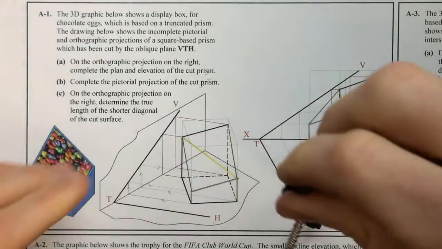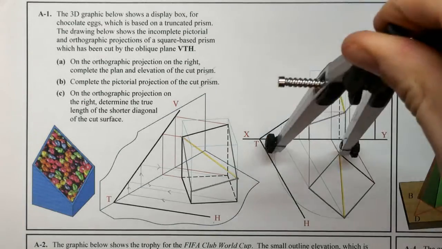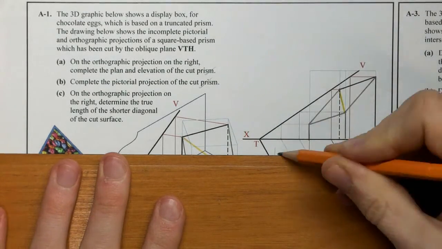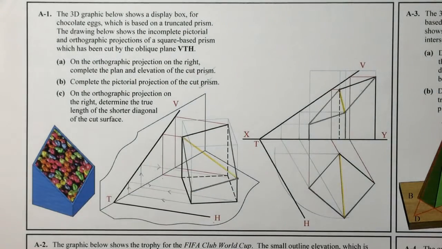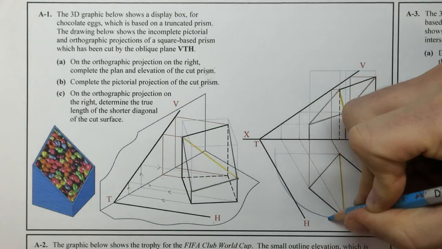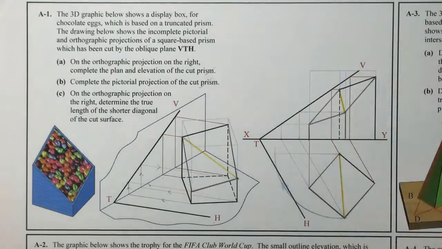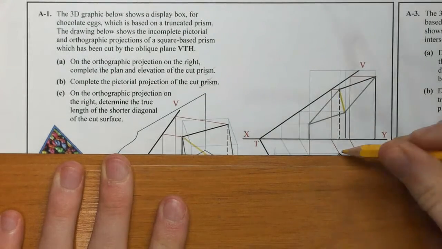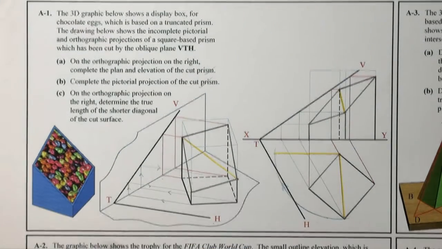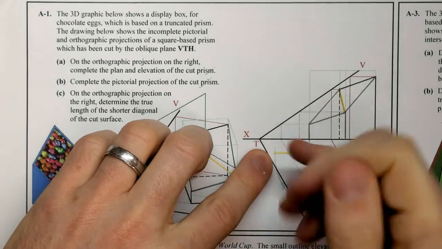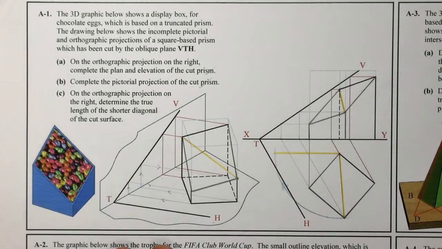I'm going to rotate it around like so until I'm looking perpendicular to it. So I've rotated that, and that is the new position of that line. We then want to find that line in elevation when we're looking perpendicular to it.